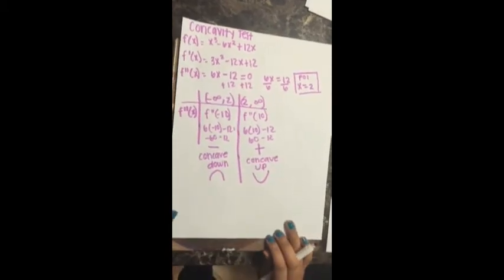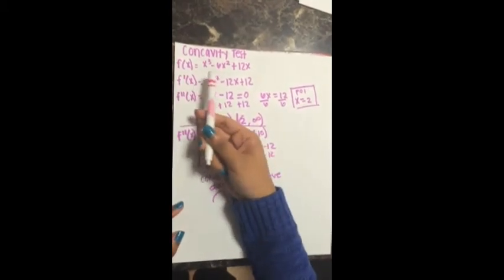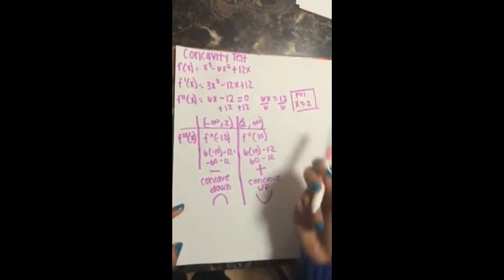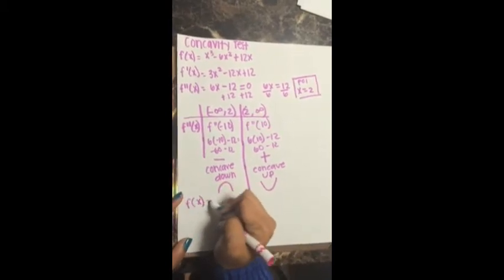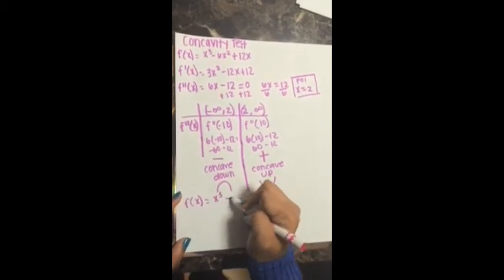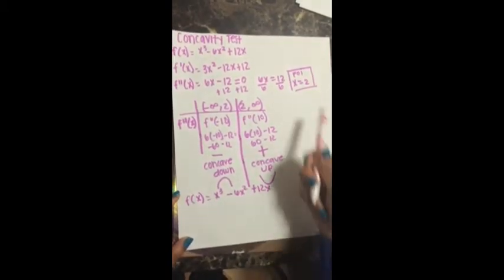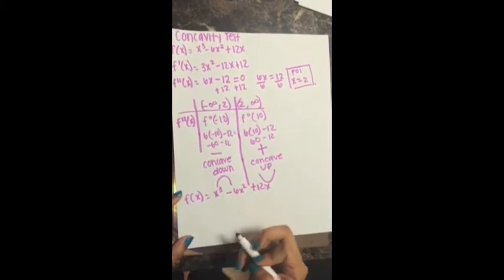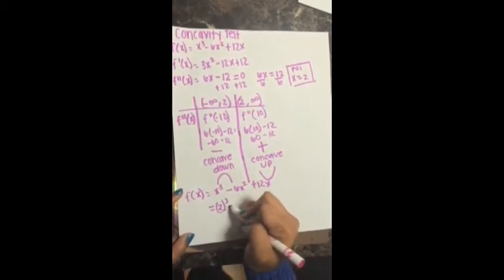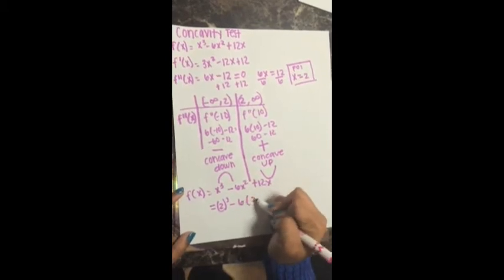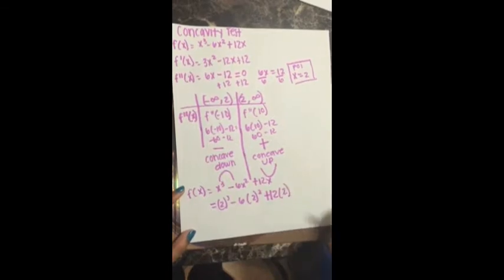So now we have to plug into the original function to find the y value for the POI. So we have f of x equals x cubed minus 6x squared plus 12x. And we're going to plug in the 2. So we'd have 2 cubed minus 6 times 2 squared plus 12 times 2.